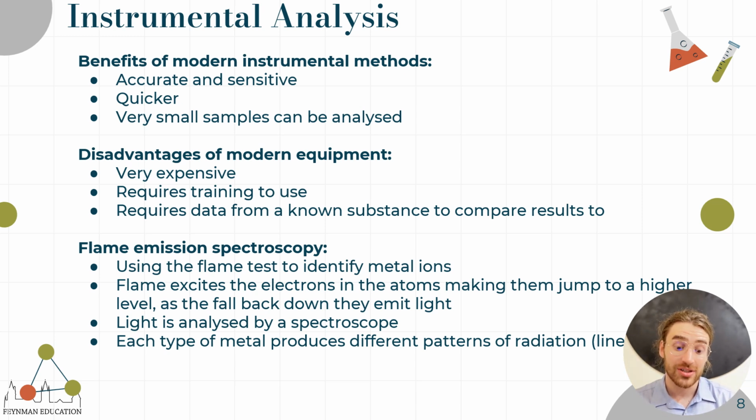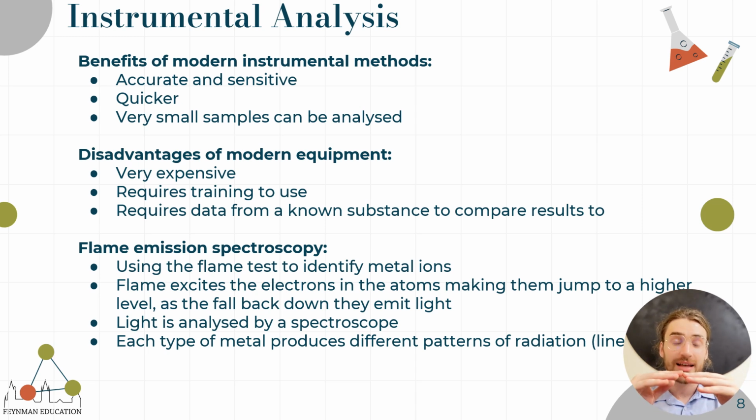The flame emission spectroscopy is exactly that. When we were testing for positive ions, we lit a flame. Now there's a machine that will be able to burn your metal sample, and it will be able to identify what that metal sample is made of depending on the flame that it emits.